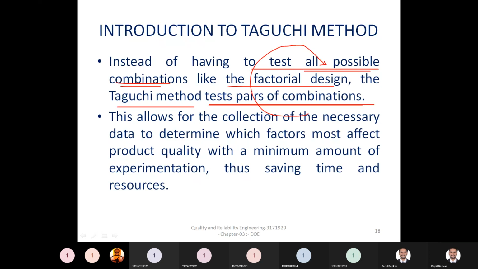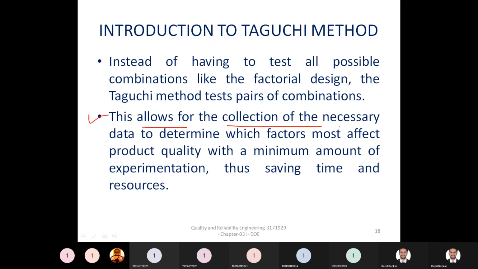This allows for the collection of the necessary data to determine which factors most affect product quality with a minimum amount of experiments, thus saving time as well as resources.